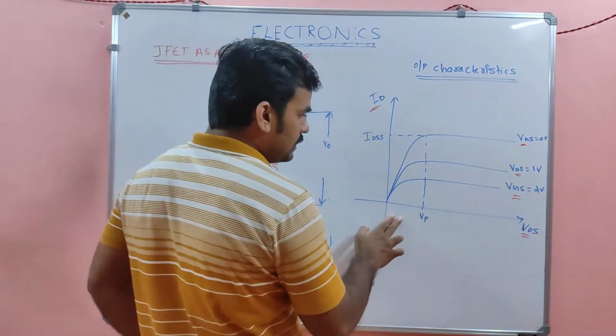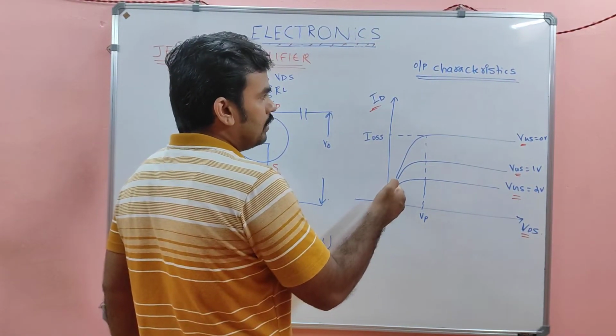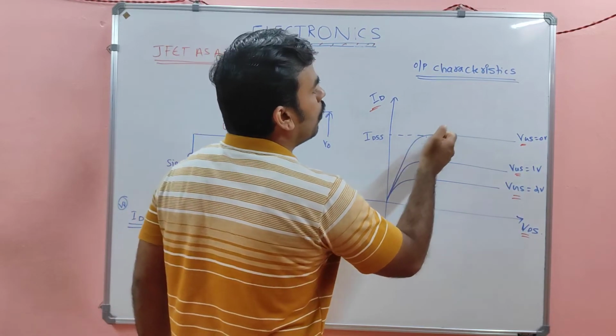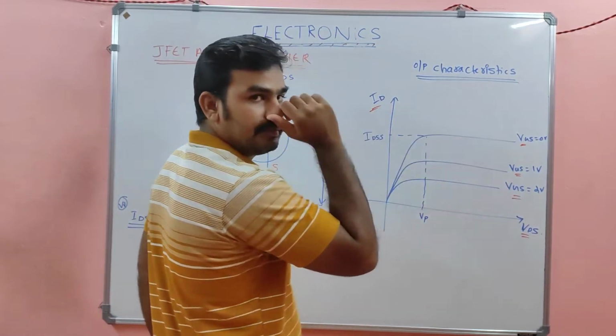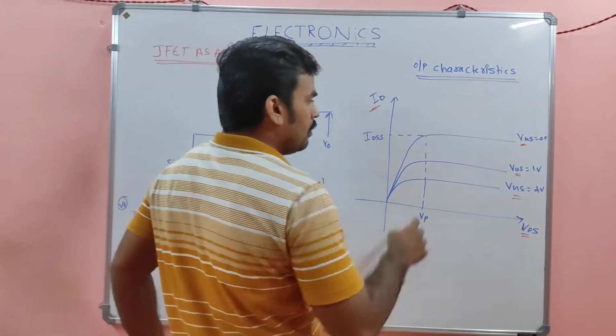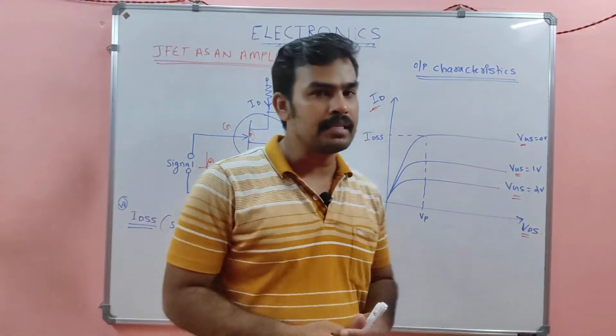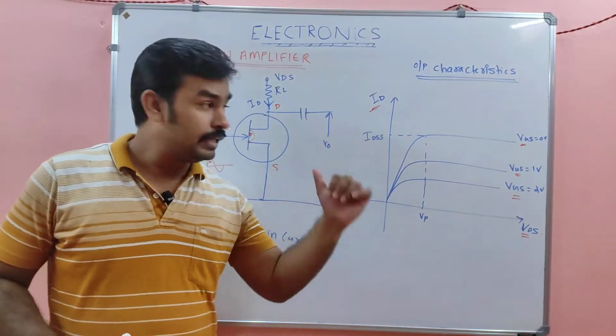Whenever we increase VDS, a large drain current value ID we can observe. That is why this curve is at the top of all the curves. One thing, whenever we increase VGS, my dear, what happens?